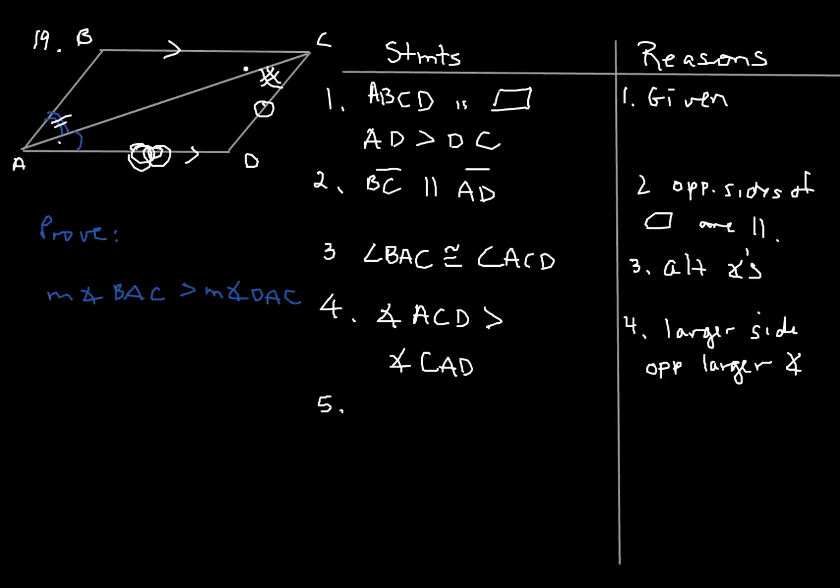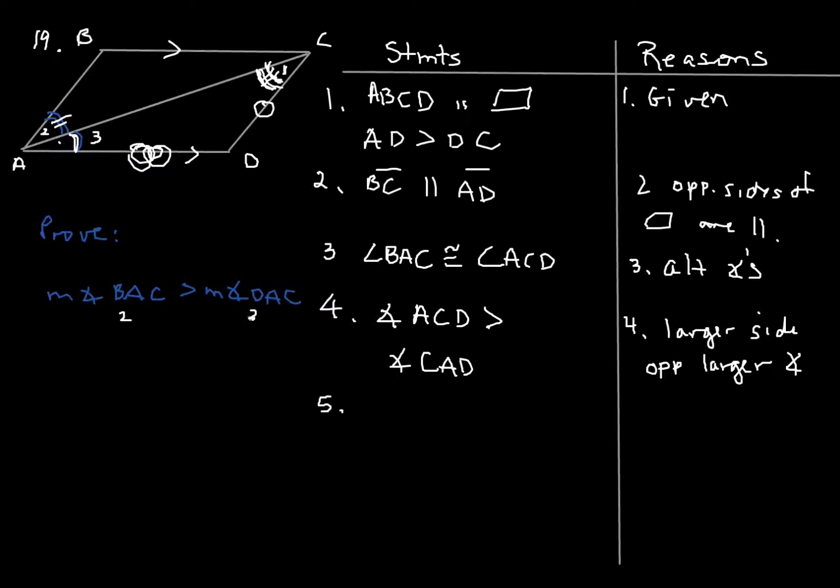So we have this guy here is bigger than this guy. What are we trying to prove here? BAC. This guy right here, we'll call him 1, is the same as 2 because they're congruent. Therefore, BAC, that's 2, DAC, and we'll call him 3.